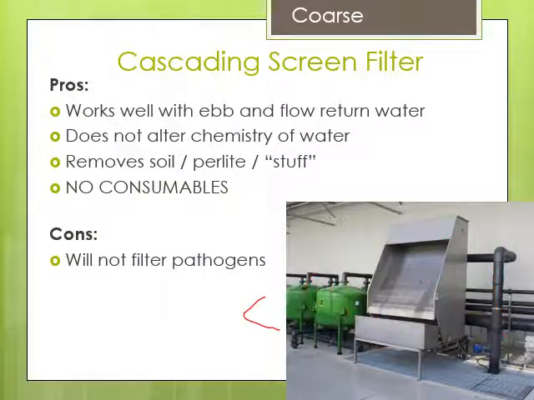Now the way this works is this: you can't see it, but this sloped surface is a stainless steel screen that has hundreds of thousands of holes in it. As the water runs down, the water falls through the holes and lands on the other side of the box.